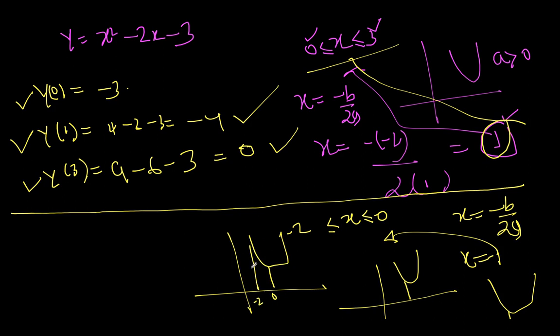Just for example, this graph is not accurate, and this is your vertex. So you just have to find the value of y at x equal to minus 2 and x equal to 0, and then you will get the maximum or minimum.